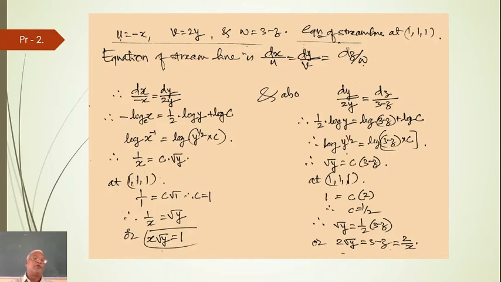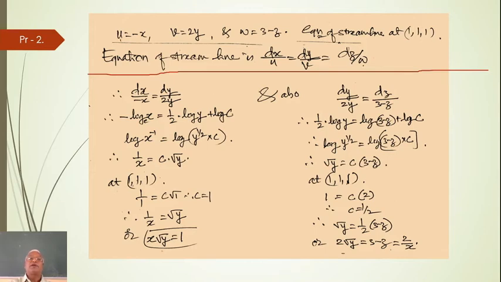Okay, problem number 2. Here what is given is u equal to minus x, v equal to 2y, and w equal to 3 minus z. Find the equation of the streamline at the point 1 1 1.